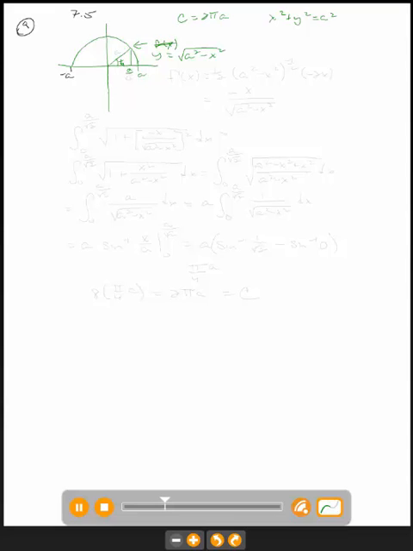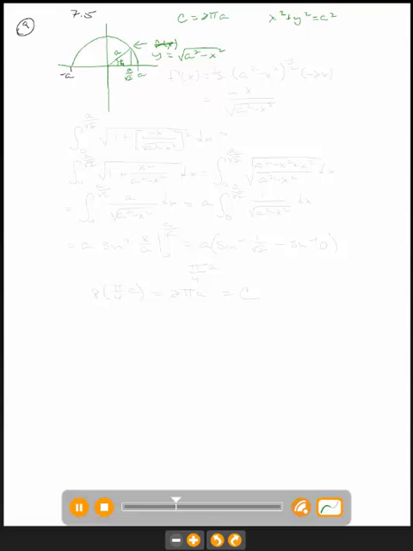Because this is pi over 4 and this is a, this is one of those 45, 45, 90 triangles from geometry. This is a over the square root of 2.